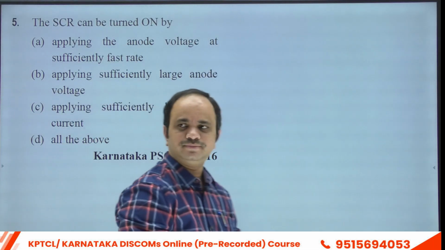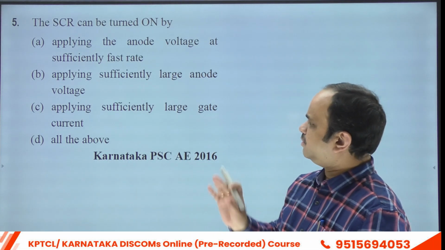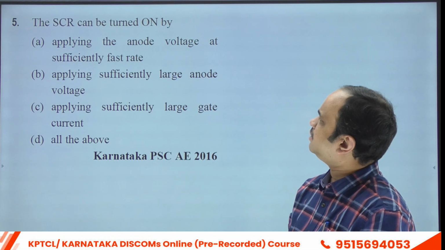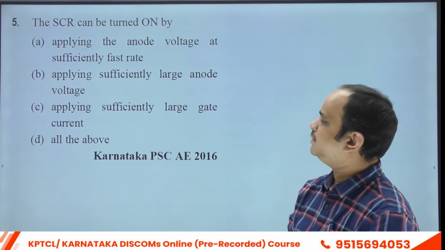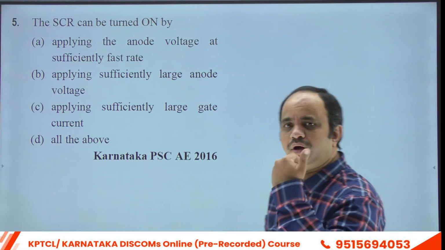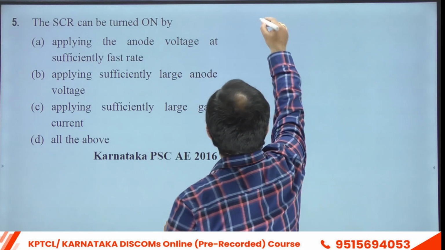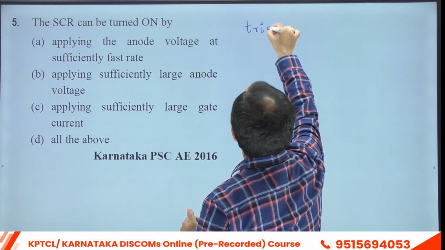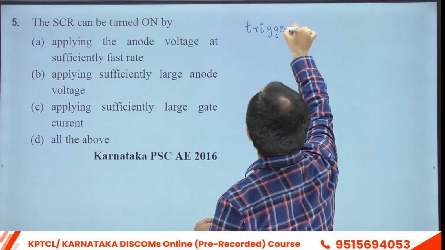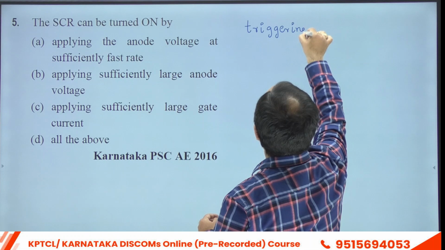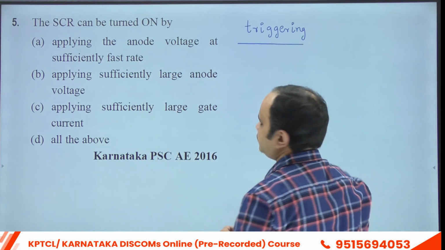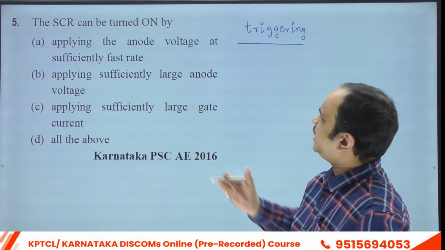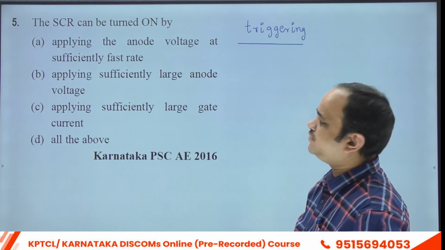Okay, next one. This is a very popular and important question from power electronics. The SCR can be turned on by, see, if you recollect, turn on methods we can call triggering methods. One method is applying the anode voltage at a sufficient fast rate.